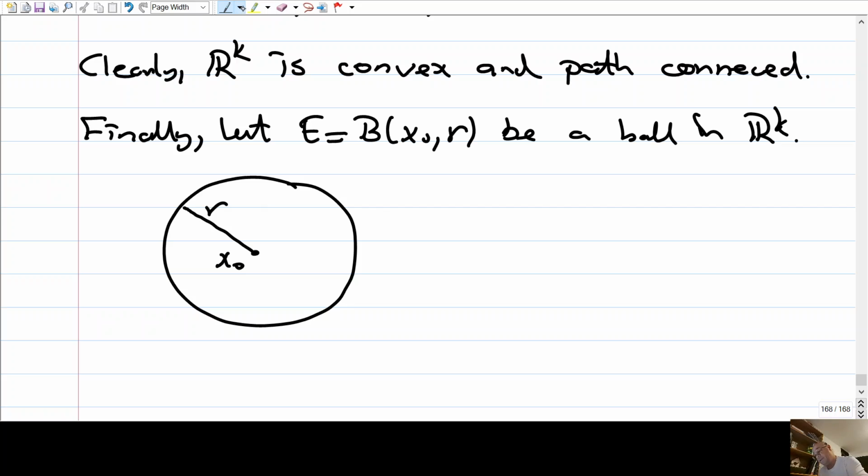Whenever you have 2 points, let's say x1, x2, the line segment joining these 2 points should lie inside this ball, right? Well, why is this true?